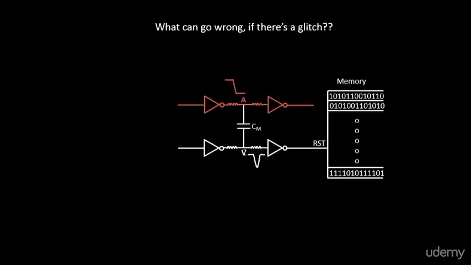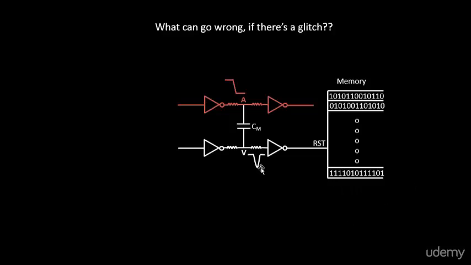This victim was supposed to be at logic 1, but because this particular aggressor is going from logic 1 to logic 0, you see there is a dip in the voltage, and as a result you see a glitch. And what can go wrong if you see this kind of glitch? For example, if this was your memory, initialized with numbers like whatever you see over here, this was supposed to be the memory contents.